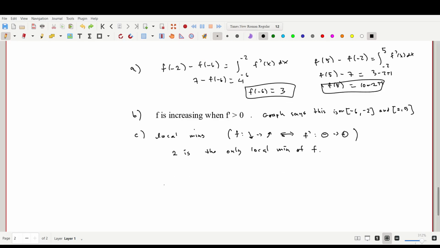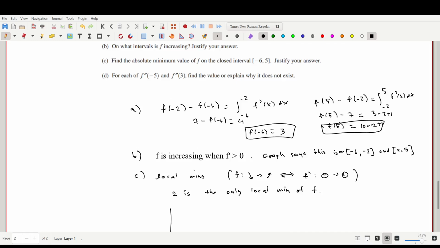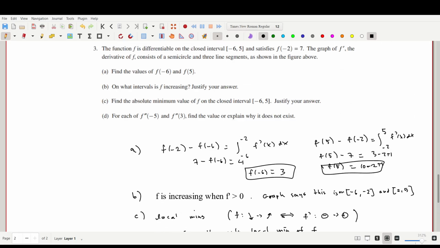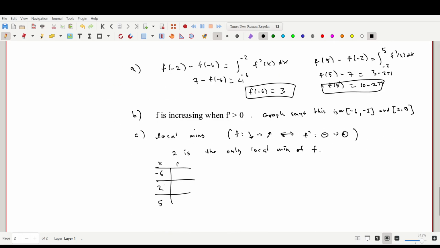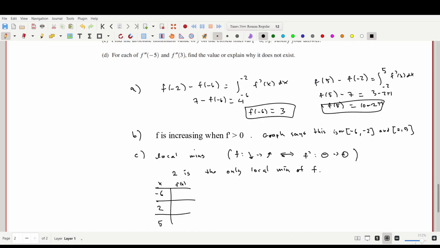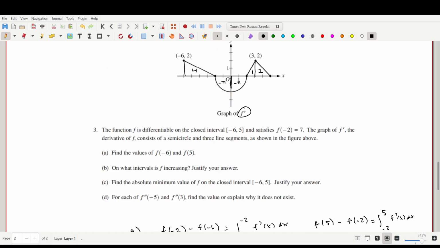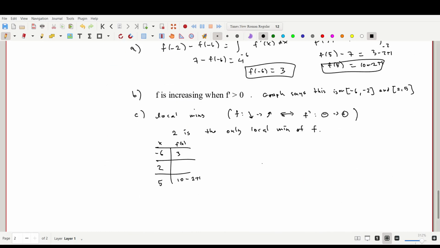Okay, and so you make a table. And it wants on -6 to 5, so you've got to plug in -6, plug in 5, and plug in 2, and find f of x. All right, -6 we already did, that was 3. 5 we already did, that's 10 minus 2 pi. And then 2 is supposedly a local min. F of 2 is -2 pi.